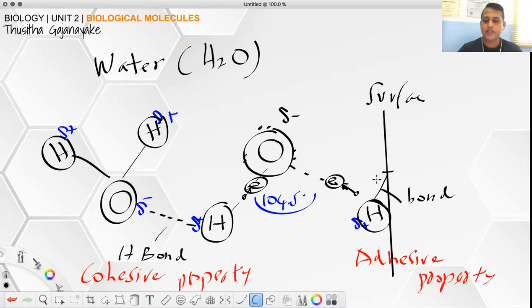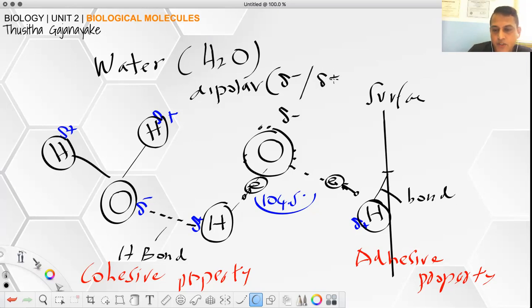So we learn two properties, cohesion and adhesion, the adhesive and cohesive properties of water molecules. Right. Another thing we can also learn here, due to this dipolar nature. Dipolar is the presence of a slightly negative charge and also slightly positive charges.